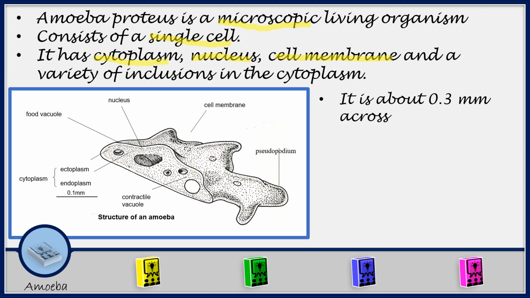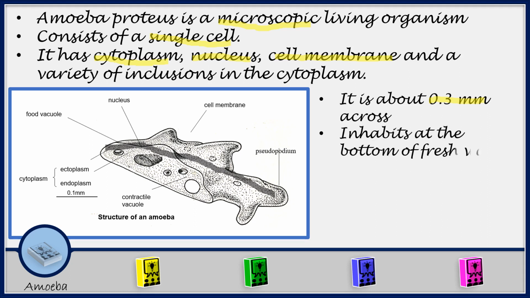When you look at it, it's about 0.3 millimeters across, that is, from one end to another, approximately 0.3 millimeters. They inhabit the bottom of freshwater bodies. They can be ponds, lakes, but with fresh water.